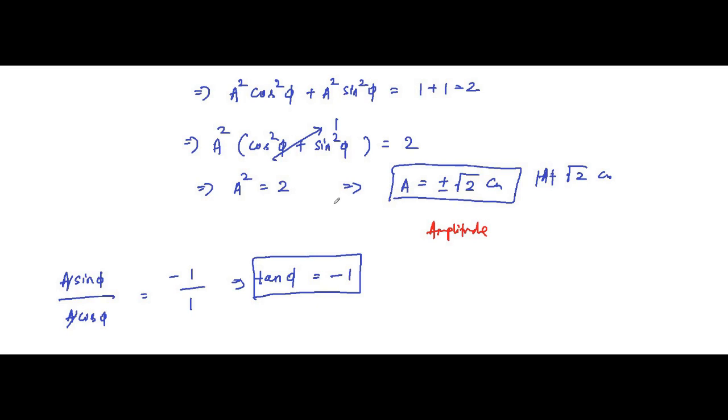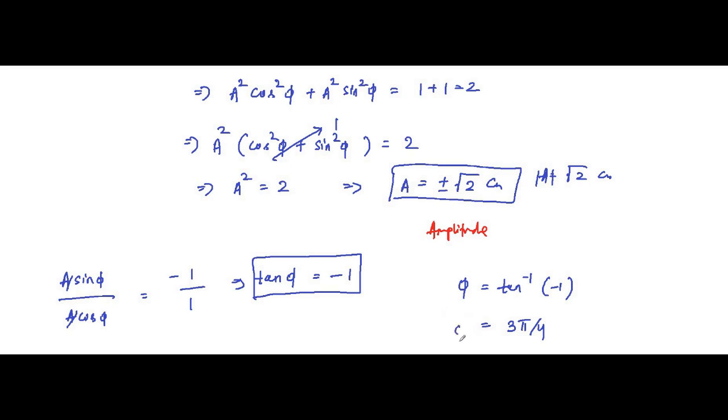It is all sine tan cos, so phi will be equal to tan inverse of minus 1, which is 3 pi by 4.